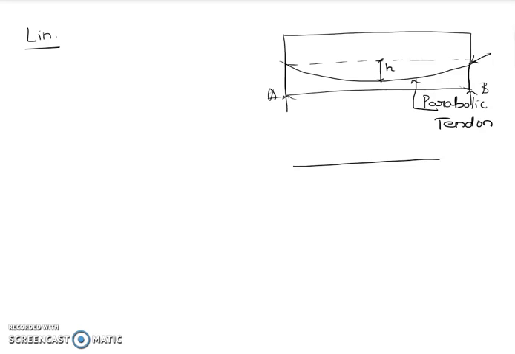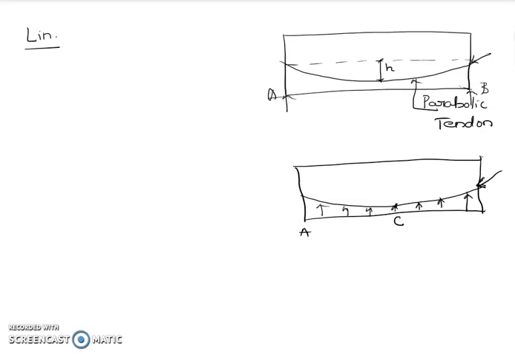Now if you convert this beam into a free body diagram, that is, instead of a tendon, we consider it as a free body diagram for the beam, and the load is shown here. So this will be the load, and this will be the tensile force or the tensile load. If you consider this midspan as point C, this as A, and this as B.